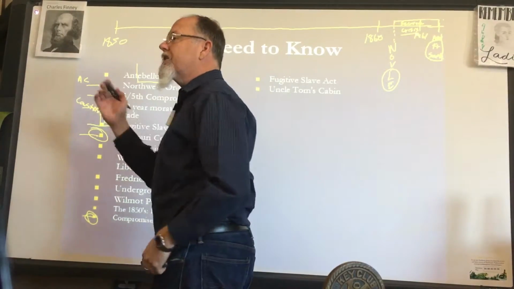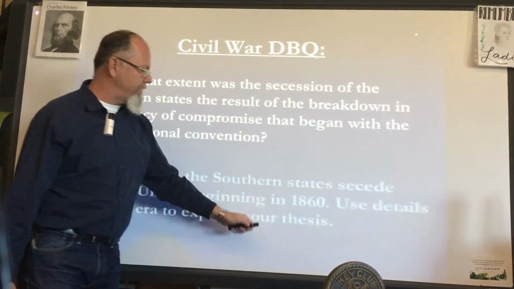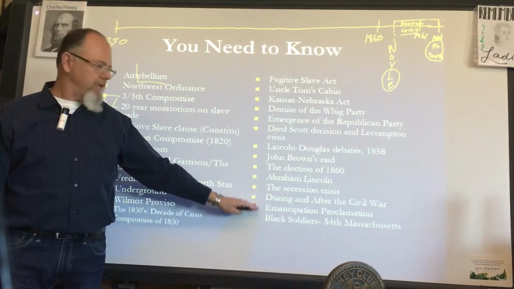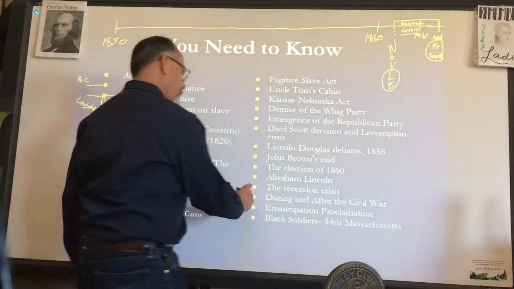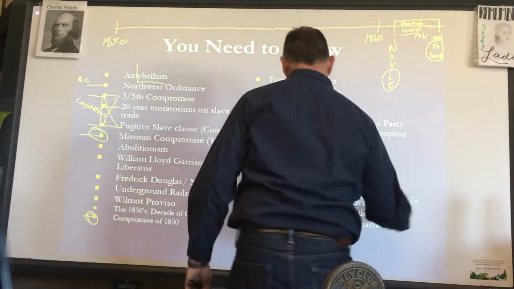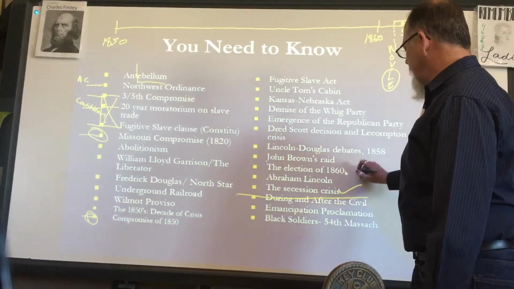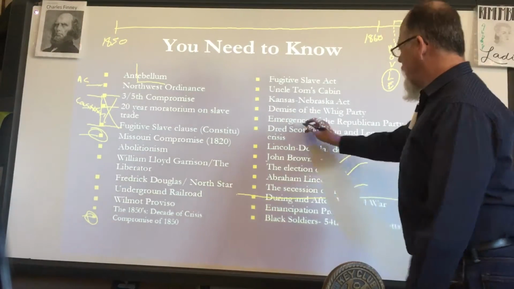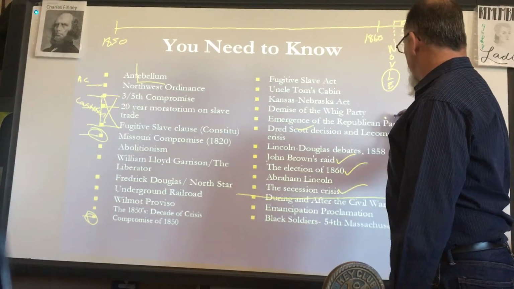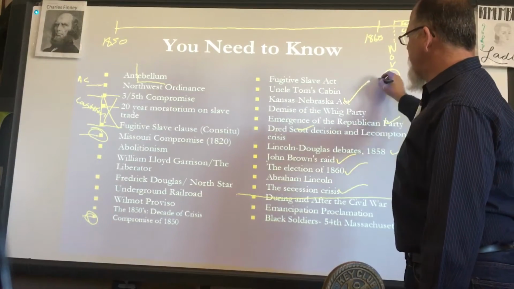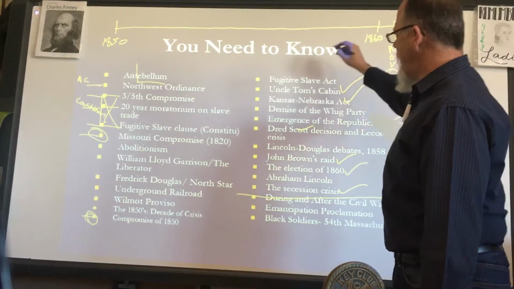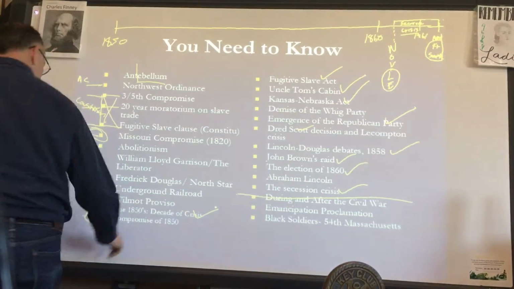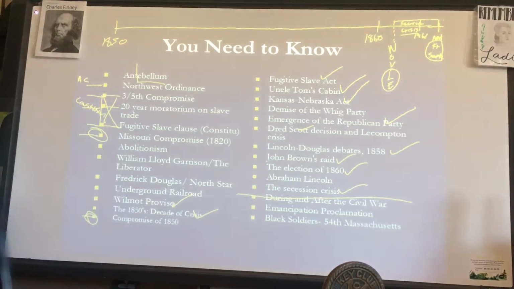And what you're going to see is, and that's what all these list of details here, all of this is in the 1850s. So the secession crisis, the election of 1860, John Brown's raid, Lincoln-Douglas debates, Dred Scott decision, the Republican Party, the Kansas-Nebraska Act, Uncle Tom's Cabin, Fugitive Slave Act, Compromise of 1850, and even the Wilmot Proviso.